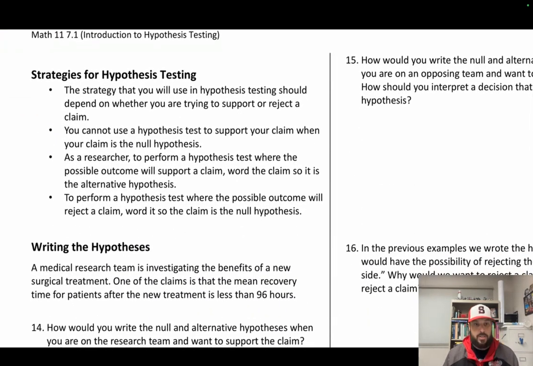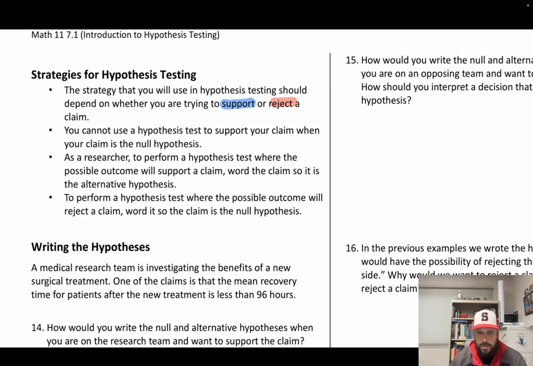All right, a couple strategies here. Strategies that you will use in hypothesis testing should depend on whether you're trying to support or reject a claim. You cannot use a hypothesis test to support your claim when your claim is the null hypothesis.